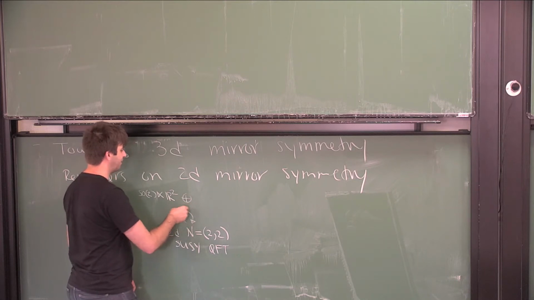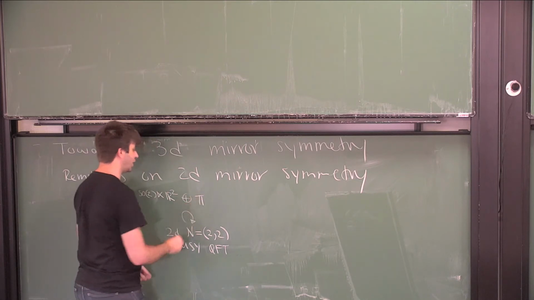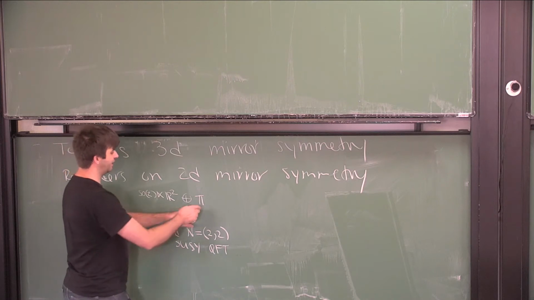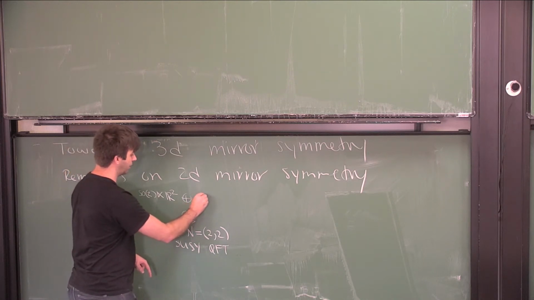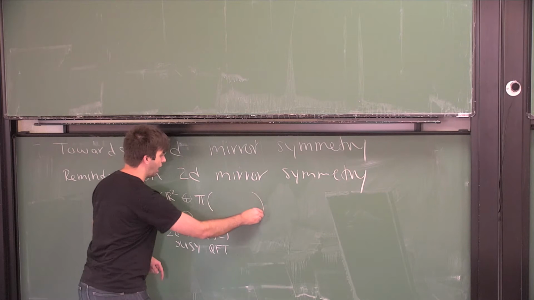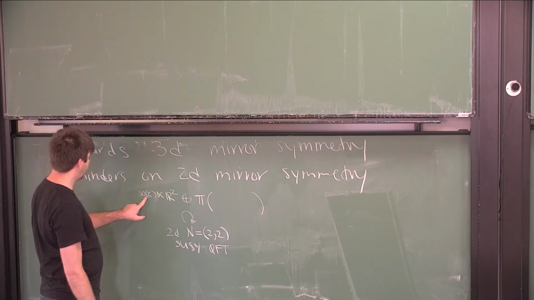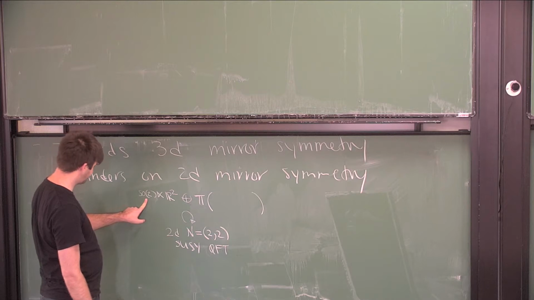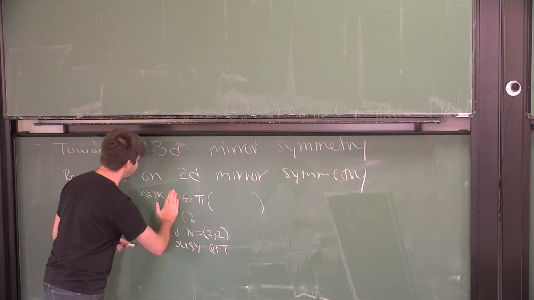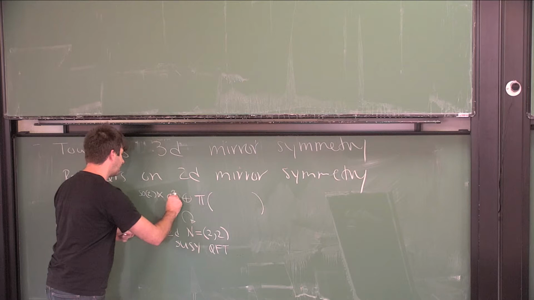I'm going to write direct sum here, but really it's an extension. And this Pi here means odd part, make whatever I'm going to write in it odd. And actually just let me complexify this thing just for ease.